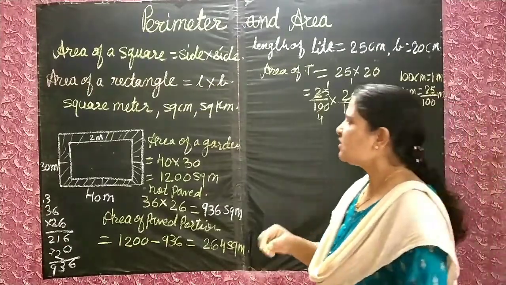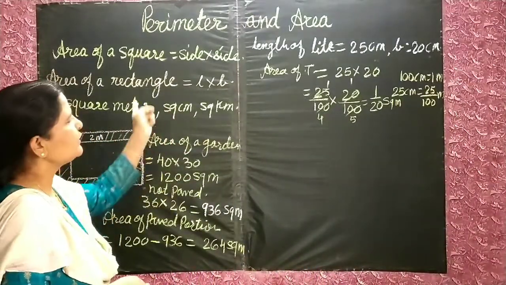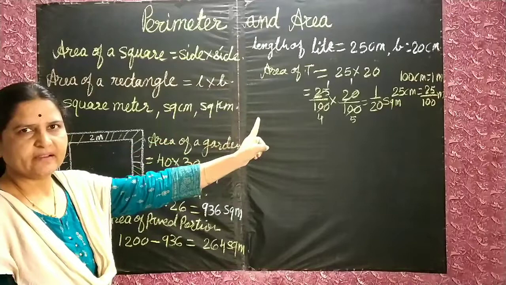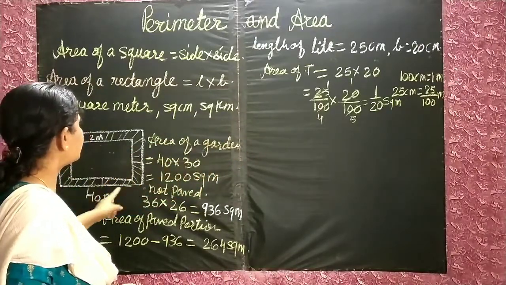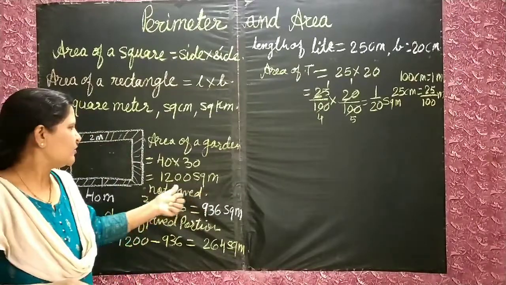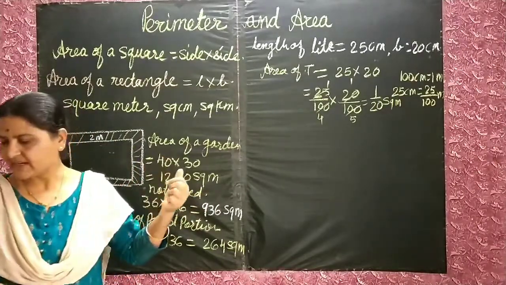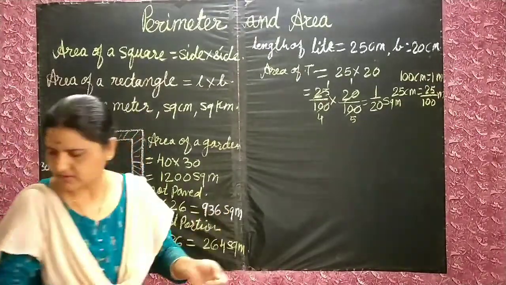Okay, now we know the area of this shaded portion which is going to be paved, and we know the area of one tile. Now what we have to do? We are going to find out how many tiles will be required for paving this area.